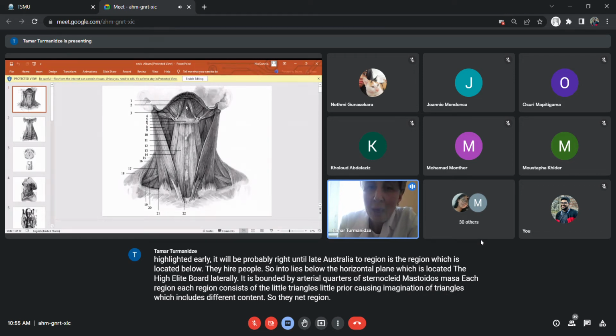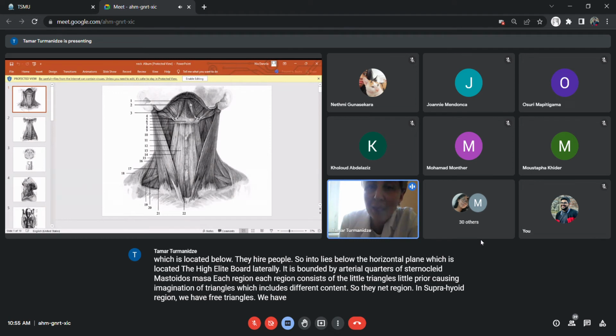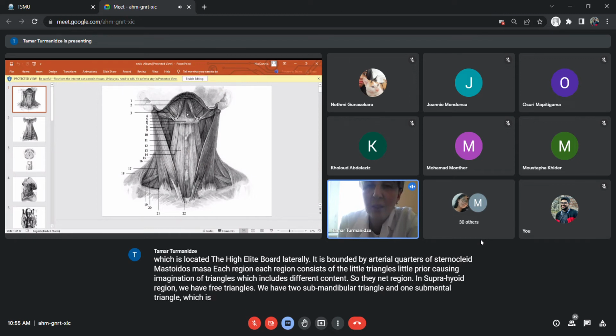In suprahyoid region, we have 3 triangles. We have 2 submandibular triangles and 1 submental triangle, which is located below the chin. So this is submental triangle, and these are submandibular triangles.